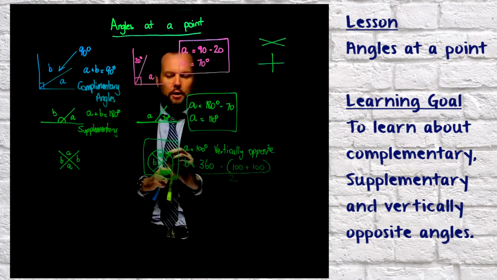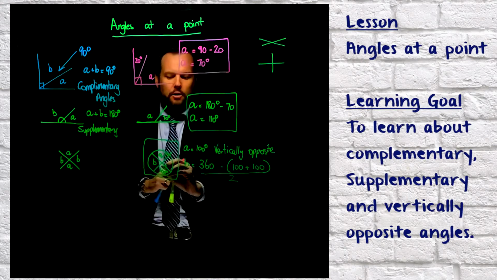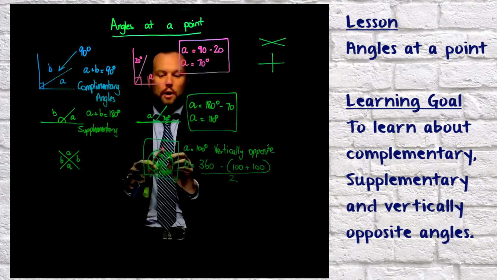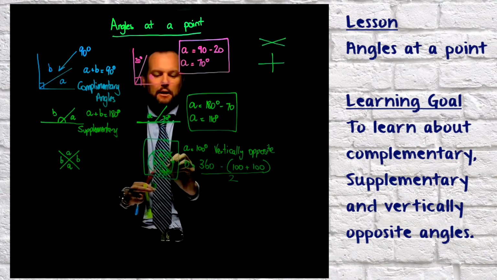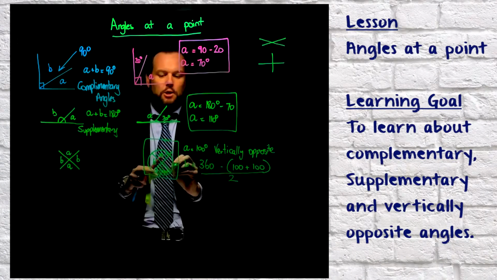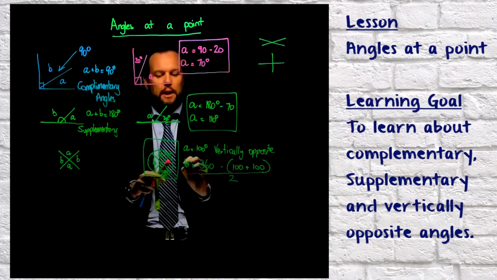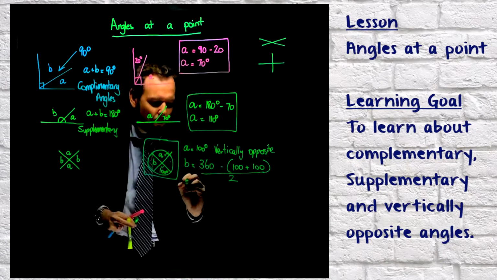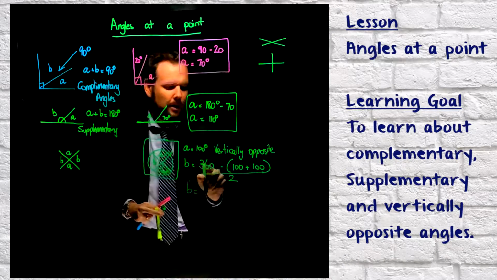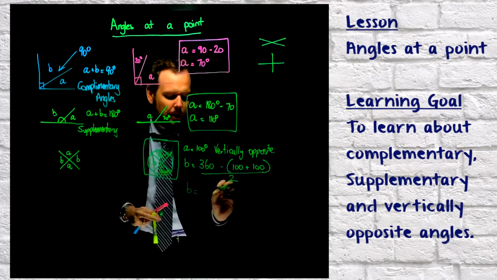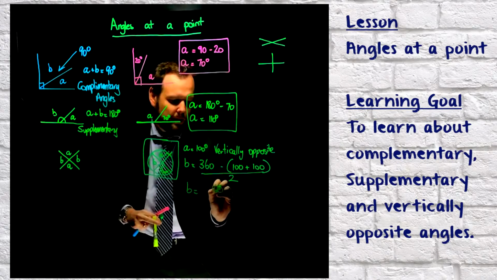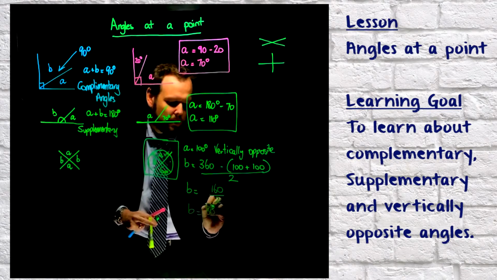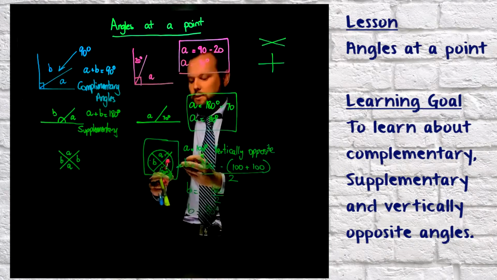So this is the value of that A, and this is the value of that A. Okay, and that will leave us with the total amount of space that's left here and here. Okay, so in order to find the value of 1 B, I'm going to have to divide it by 2 once I've taken away that. So let's take away that. 360 take 200 is 160, and then we divide it by 2 to give me 80 degrees. Okay, so B equals 80 degrees.